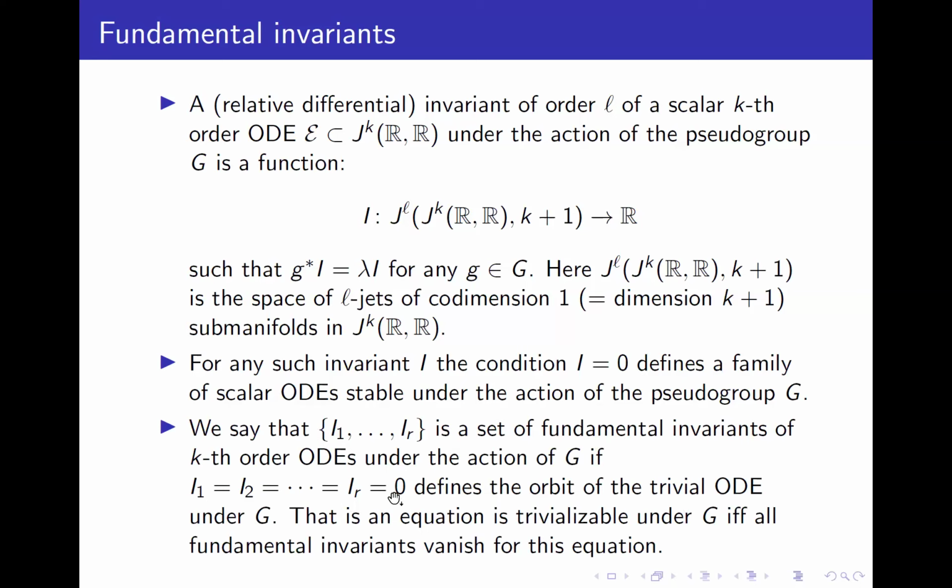So in this talk, I will say that a family of invariants is a set of fundamental invariants if the conditions I1, I2, etc. equal to 0 define exactly the class of trivializable ODEs, or define the orbit of the trivial ODE under the pseudogroup G.